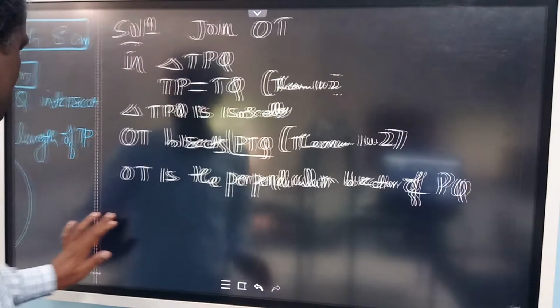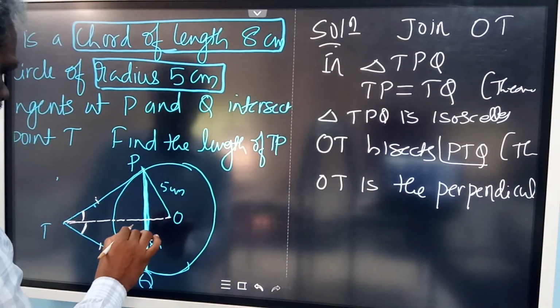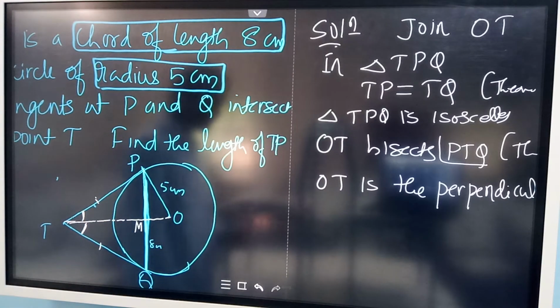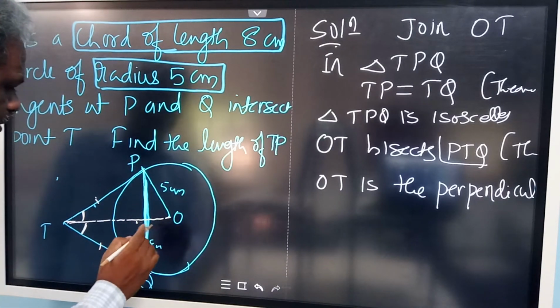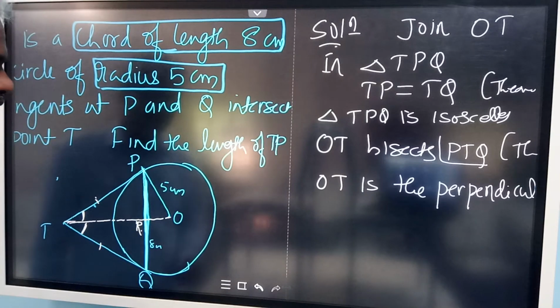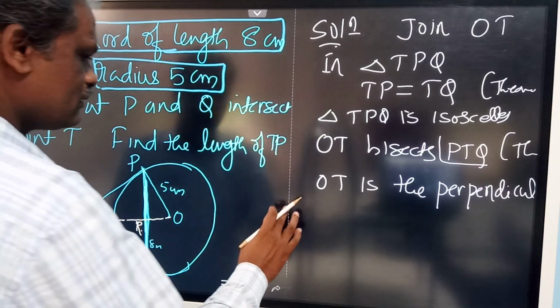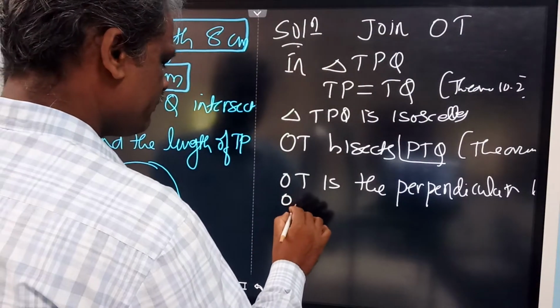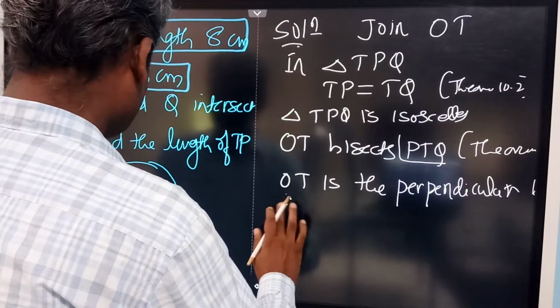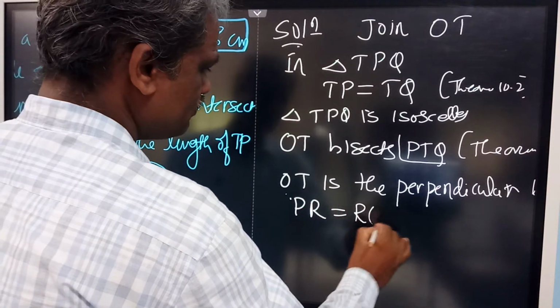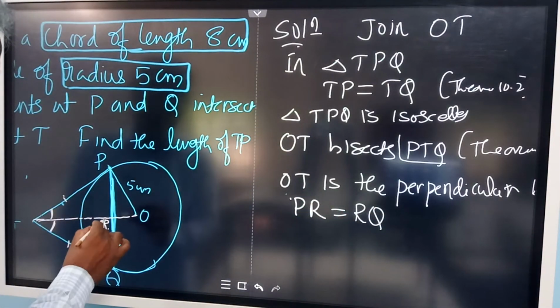Let us take this point as R, so OT intersects PQ at R. This OT is the perpendicular bisector. Therefore, I can write PR is equal to RQ.